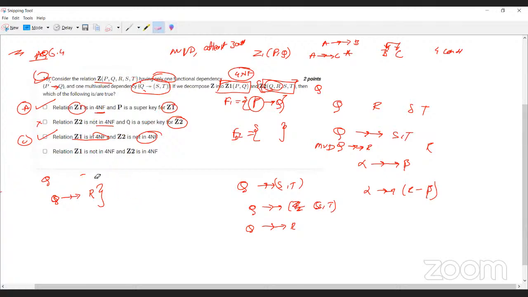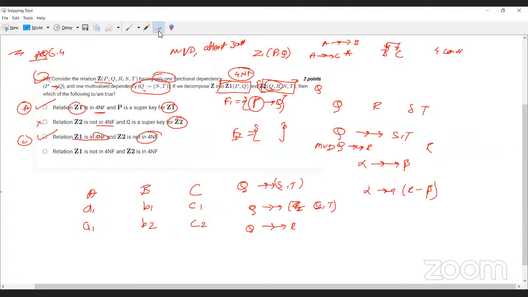Any doubt in the MVD part? Suppose I have A, B, C with tuples A1, B1, C1 and A1, B2, C2.